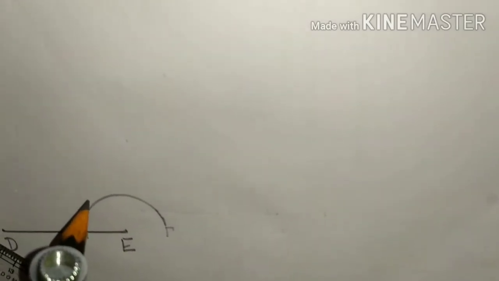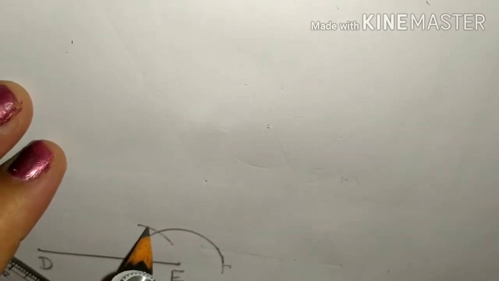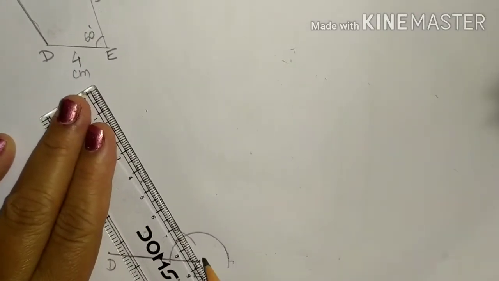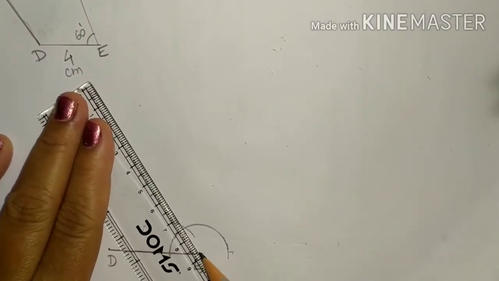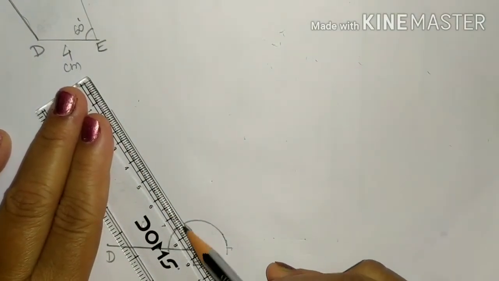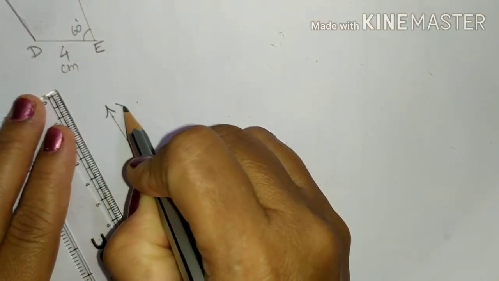Without changing the measurement, make another arc for 60 degree, like this. So this is angle of 60 degree now. Now extend it and mark it here point X.